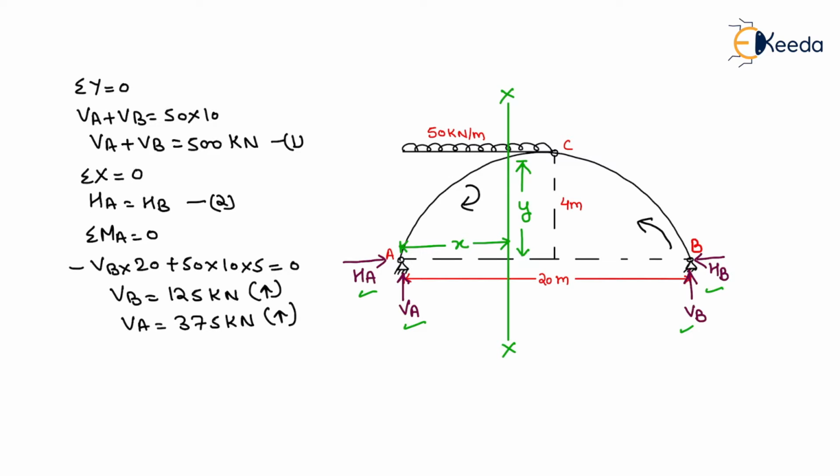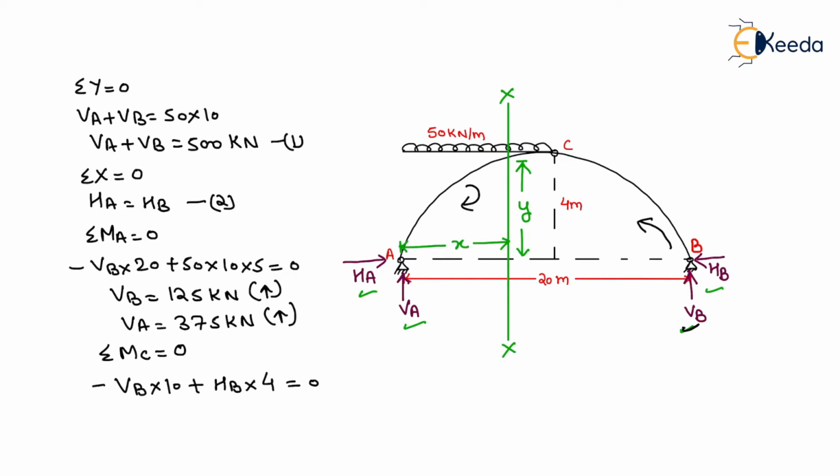Now for finding the horizontal reactions HA and HB, we need to use the fourth equilibrium condition, that is moment about internal hinge C is equal to 0. We write the equation from the right hand side. It will be minus VB into 10, because this reaction VB acts in anti-clockwise direction, so we write the minus sign, plus HB into the central rise, that is 4 meter, equals to 0.